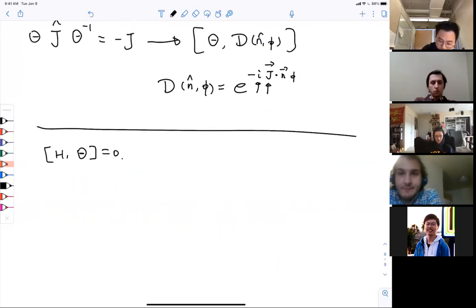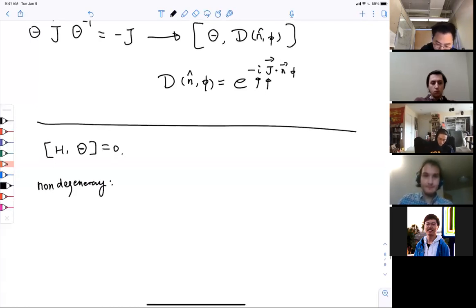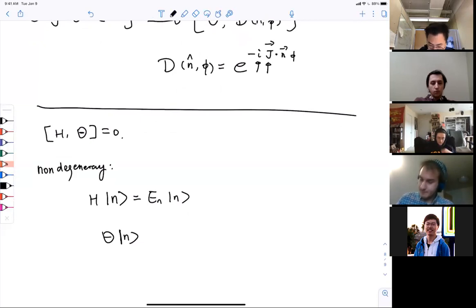If there's non-degeneracy, the consequence is the eigenket is always real. Of course, if |n> is your eigenket, then the time reversal of this ket is also an eigenket.